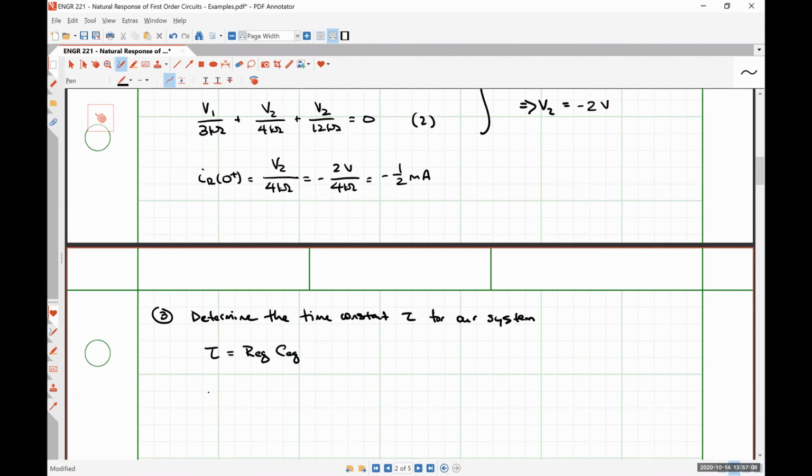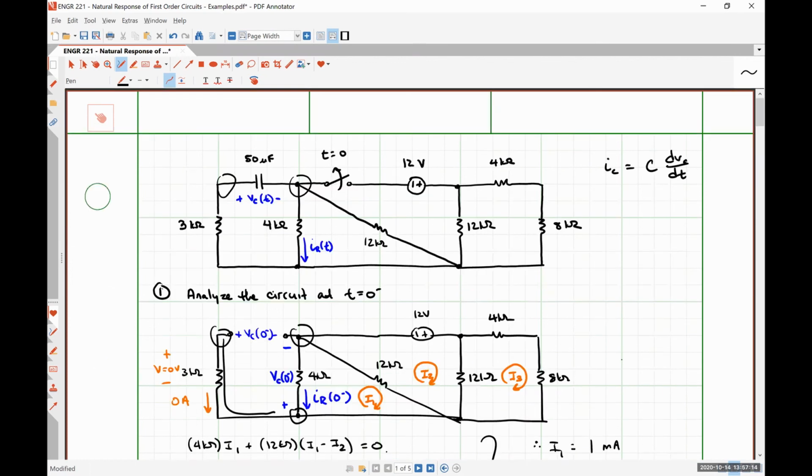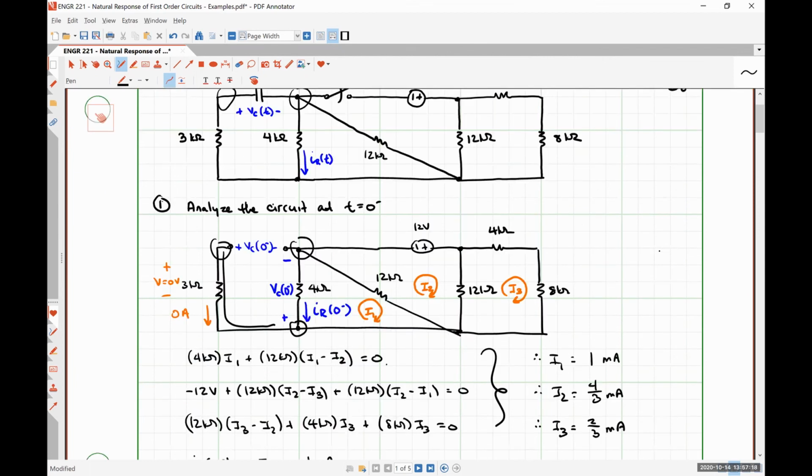And it should be fairly straightforward to see that our equivalent capacitance is literally the only capacitor in our circuit, which is that 50 microfarad guy up at the top left.